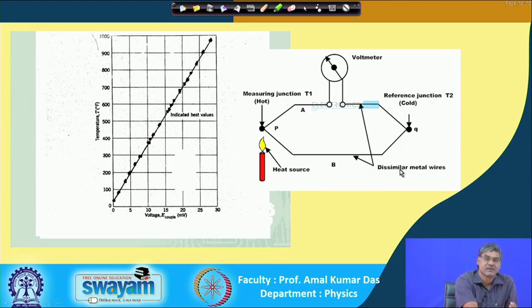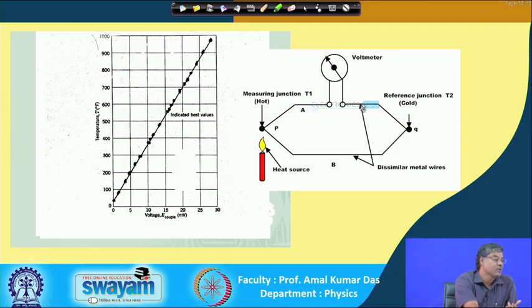If these two junctions are kept at different temperatures, a thermo EMF is generated. There will be a voltage difference between these two junctions, which we call thermal EMF or thermo EMF.